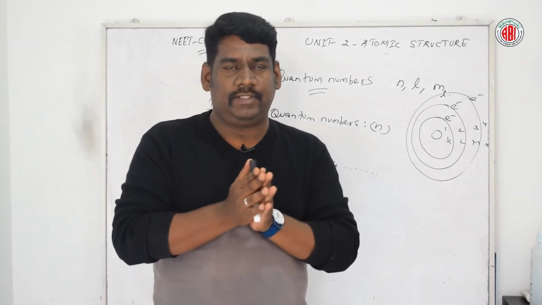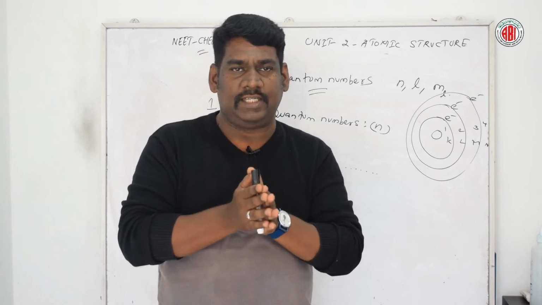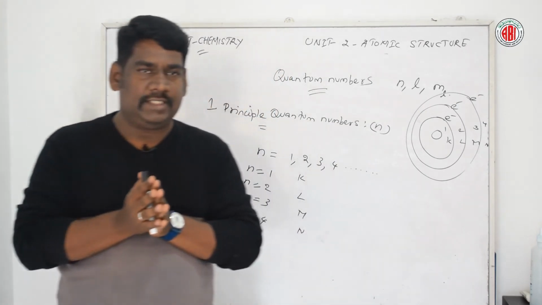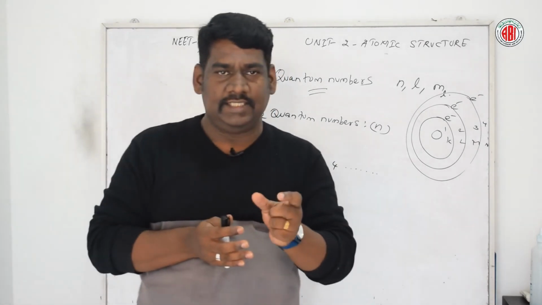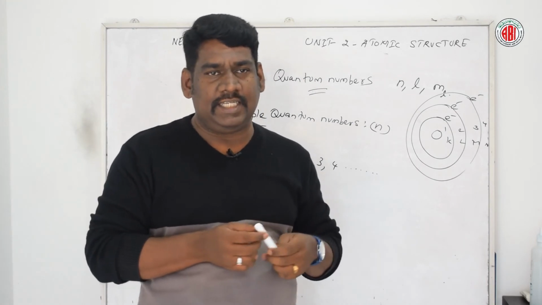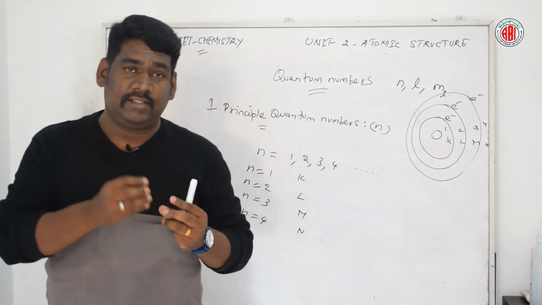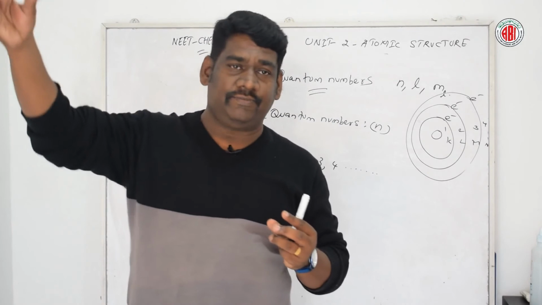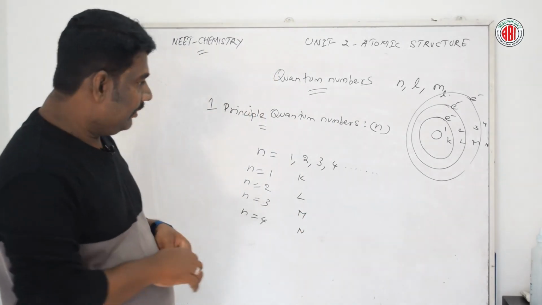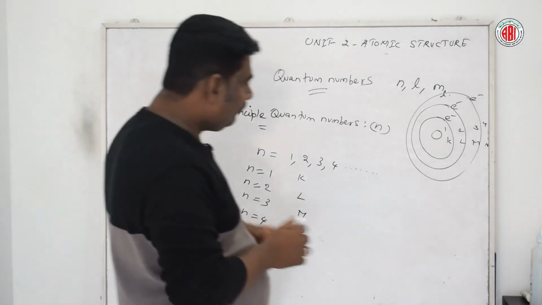Say for example, n is equal to 1, first shell, it is closest to the nucleus and it has the lowest energy. As the value of n increases, the distance of the electron from the nucleus also will be increasing. Very simple.